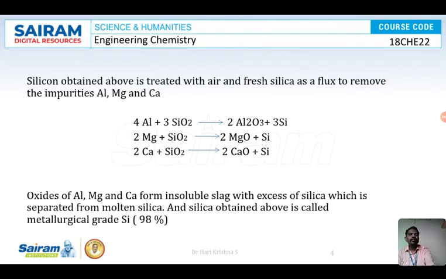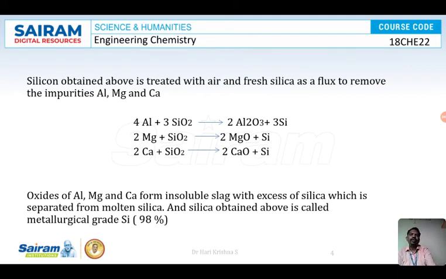If aluminium is present, it will be removed as alumina. If magnesium is present, it will be removed as magnesium oxide. If calcium is present, it will be removed as calcium oxide. It is not necessary that all three be present. If any one is present, it will be removed as its respective oxide by adding silica. All these oxides will separate in the form of slag.